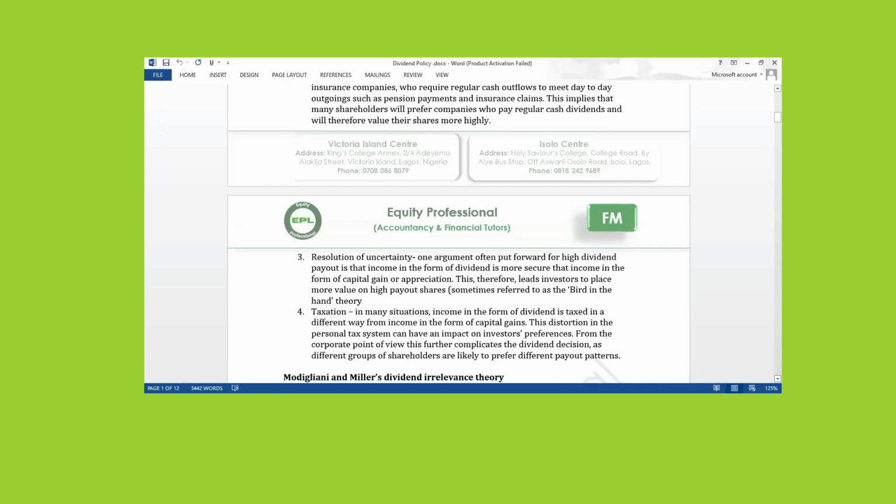That is, investors will prefer companies that pay out dividends. Resolution of uncertainty is sometimes called a bird in the hand theory.